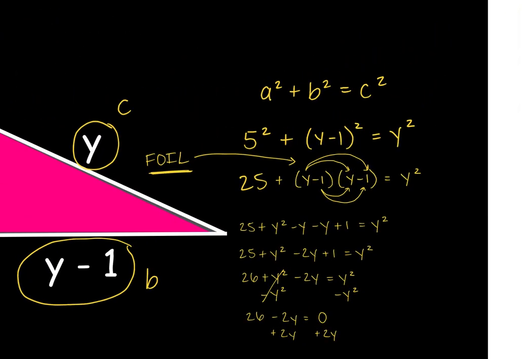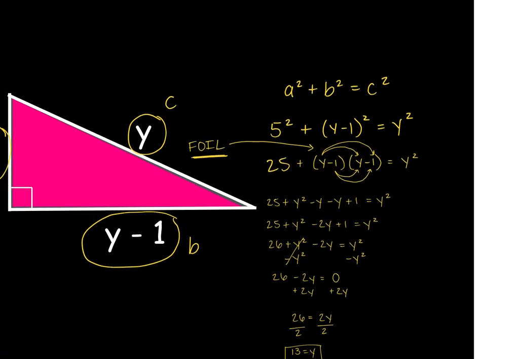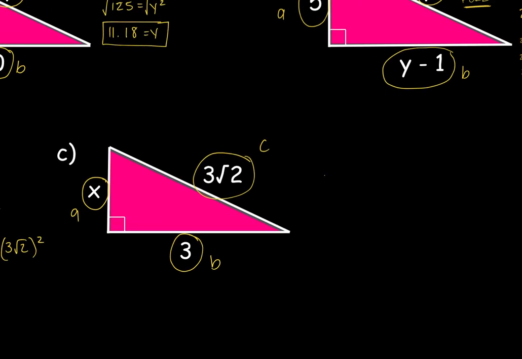Isn't the square root and the square canceled out? Yes, but if we look at y minus 1 versus 3 root 2, what's the big difference here? Do you guys see it? It's the number of terms.